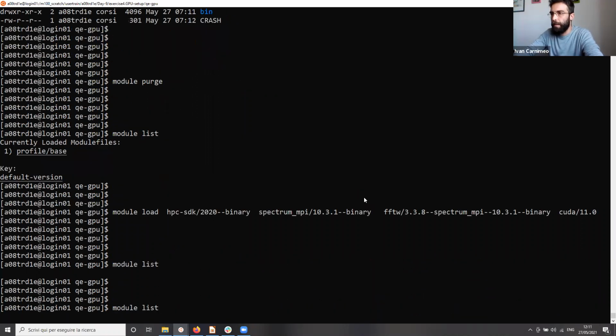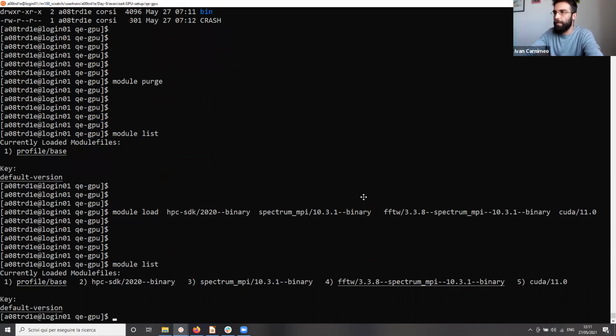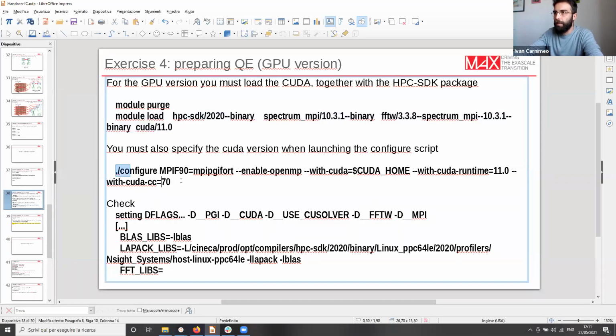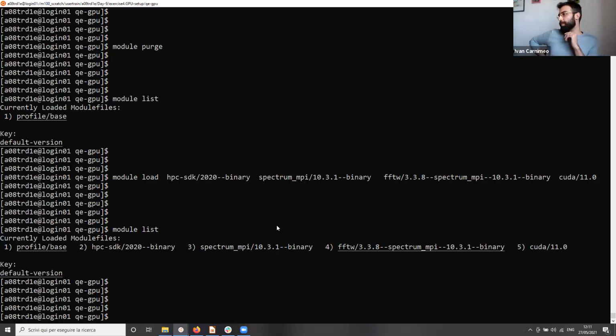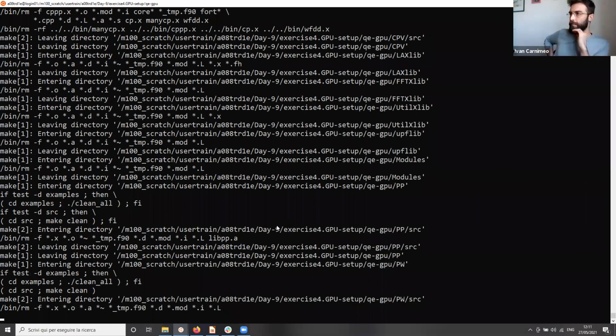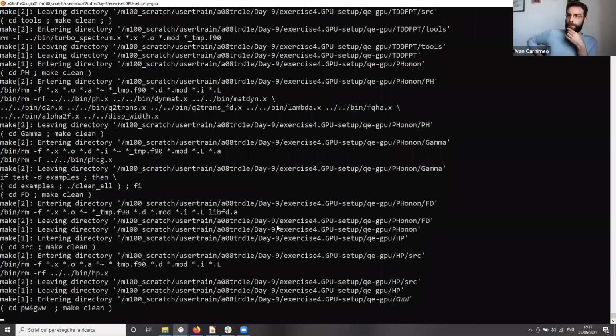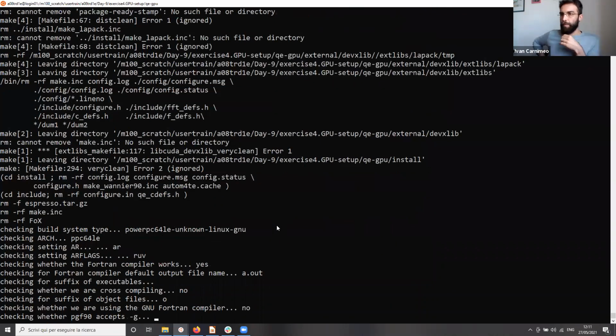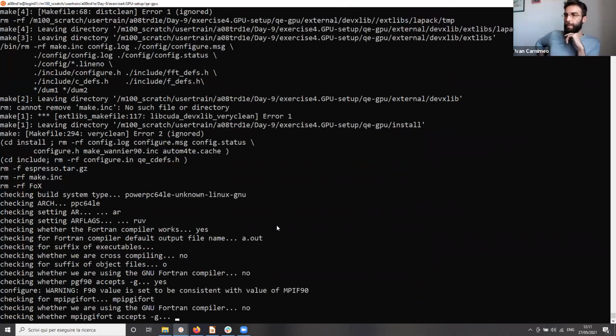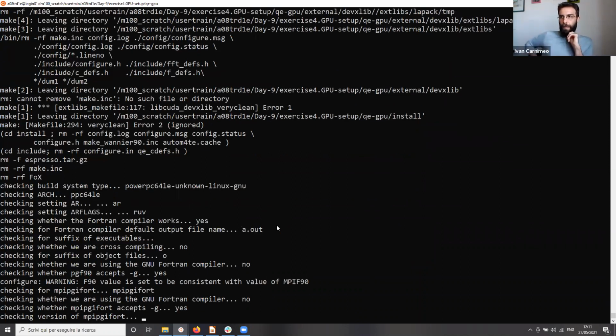If I list them now, I see that they have been loaded. I run configure in this way, and I'm configuring my GPU version of Quantum Espresso.